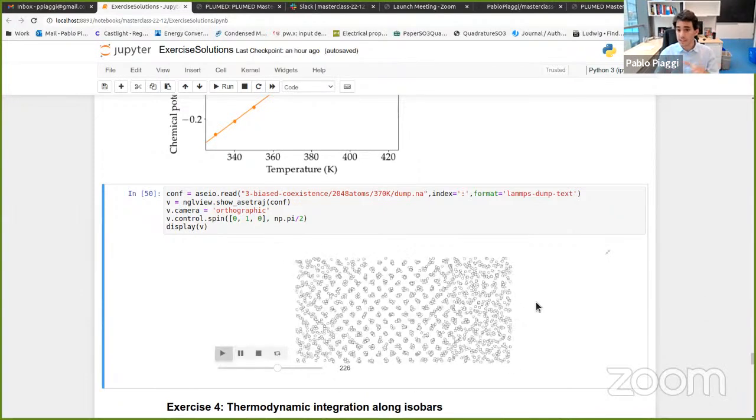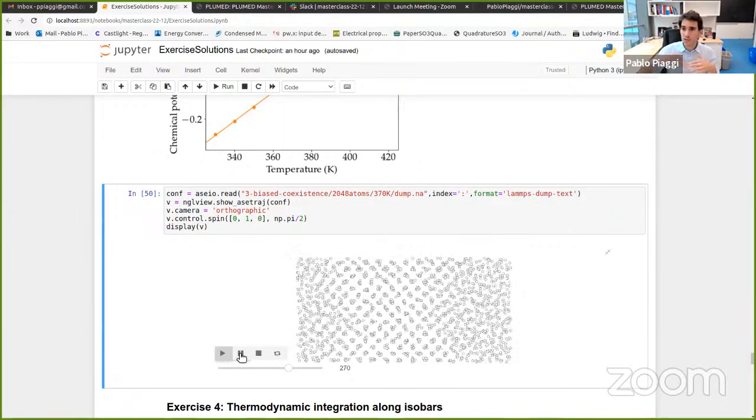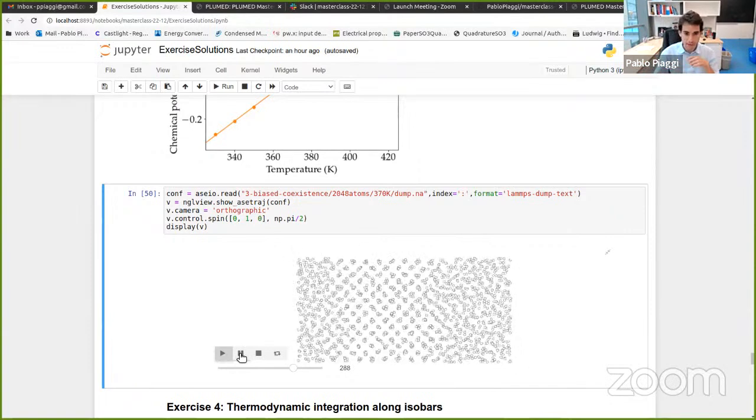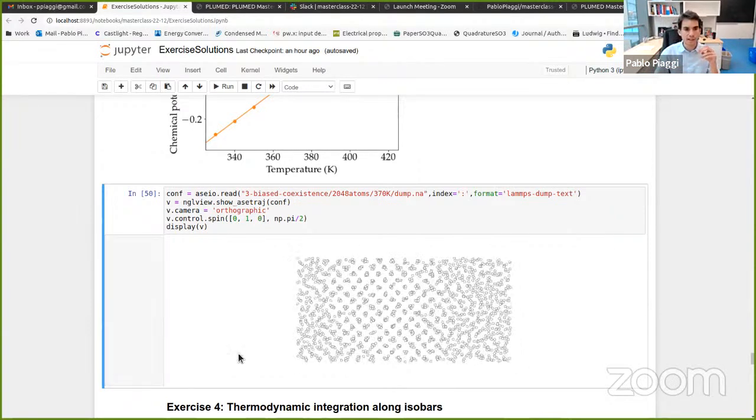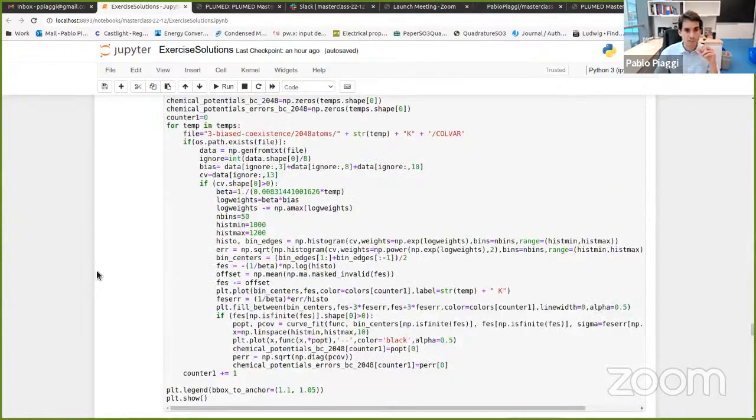So this is the system, and this is what we're observing. Of course, the transitions are not as clear as in the previous method, but we will be able to get very robust results, as you will see.